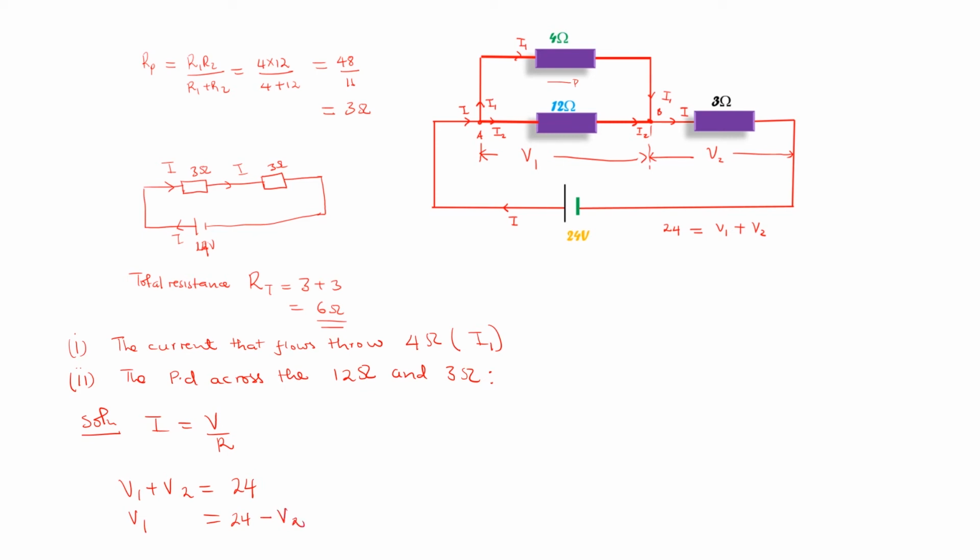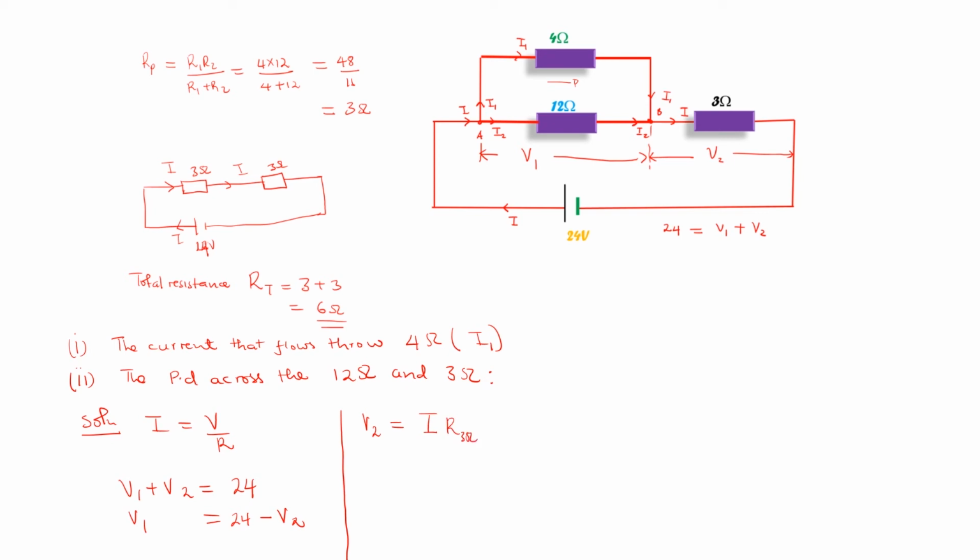But the question is, what is V2? Remember, V2 is the PD across the 3 ohm resistor, and from Ohm's law that is the product of I and the 3 ohm resistor. But what is this I?